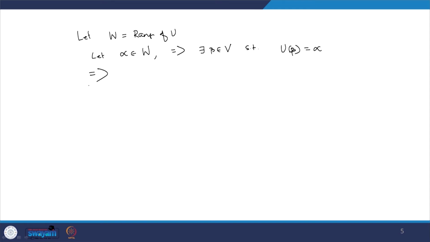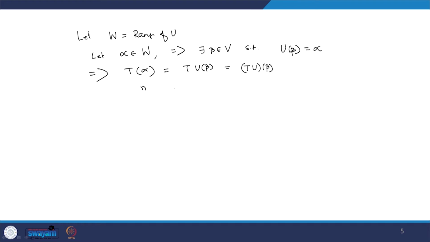So, when T operates on alpha, this will be equal to T of U of beta, and this is equal to TU operating on beta.